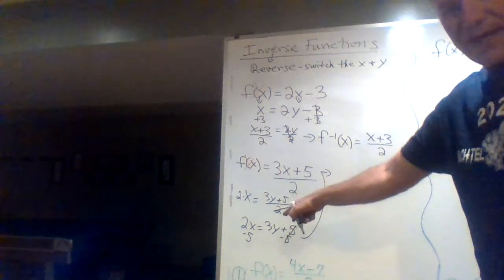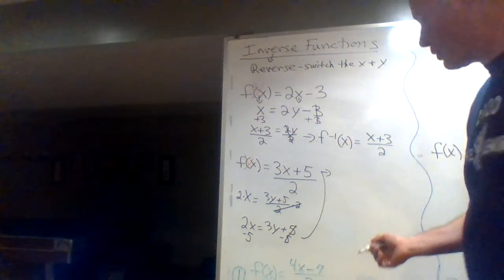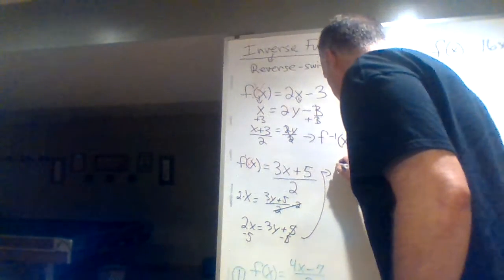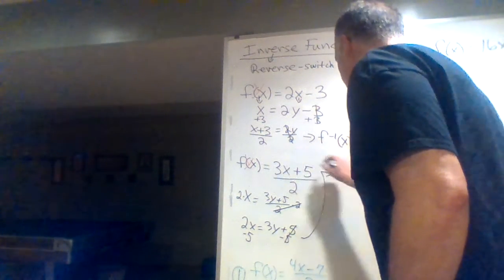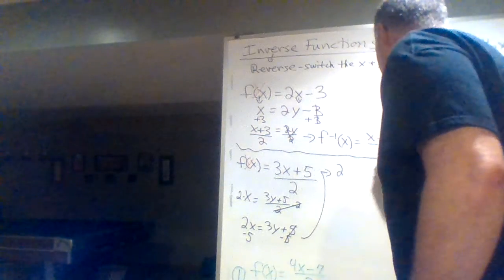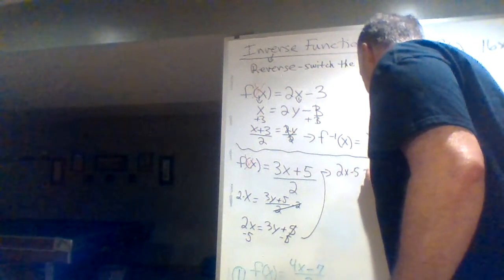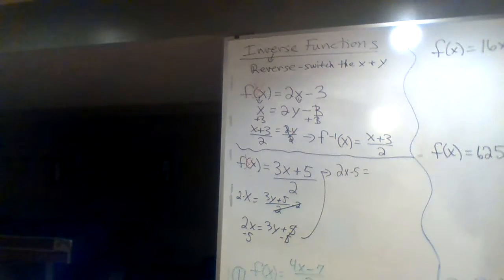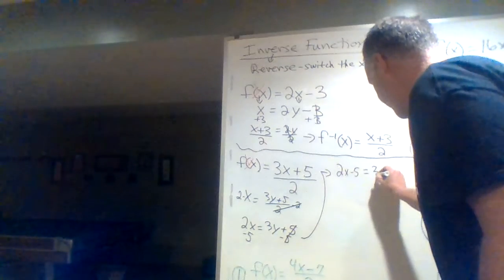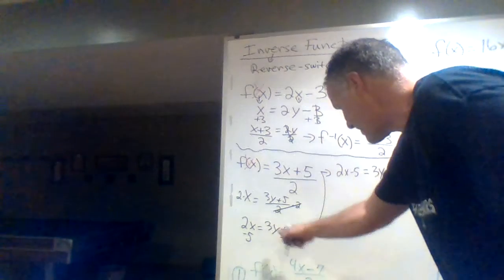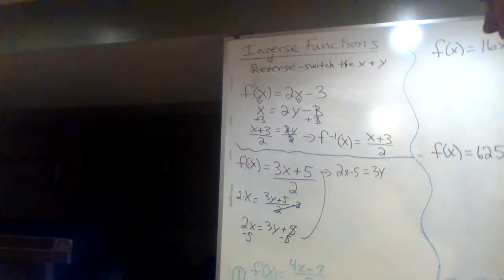Now again, 2x minus 5 cannot be put together, can't really be solved, so I just write it down. So I got 2x minus 5 equals 3y. So again, the 5's canceled.